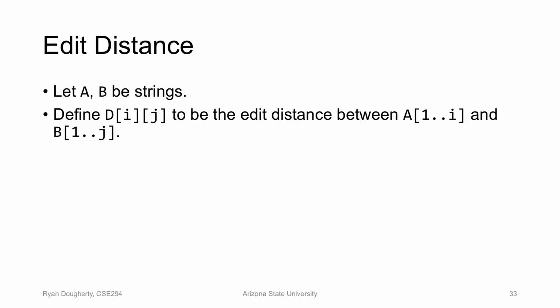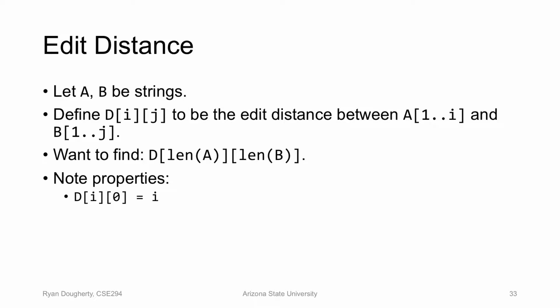Our algorithm is going to look at prefixes of the strings, basically the same thing as the previous algorithm. We're going to look at the first I characters of A and the first J characters of B. And what we want to find is the value associated with considering all characters of A and all characters of B. So D of len of A, len of B.